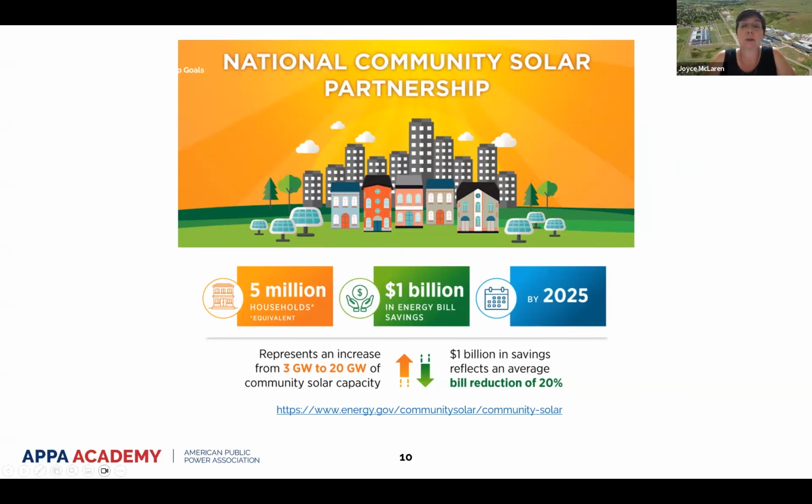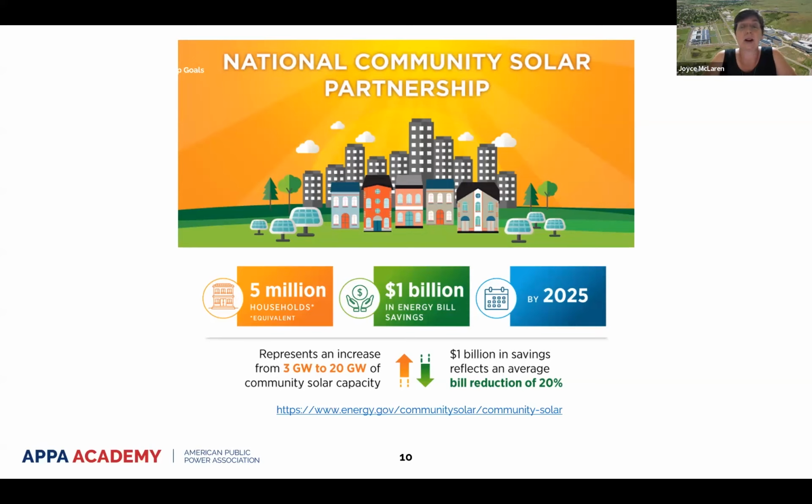This is a Department of Energy sponsored program, and it is implemented by a whole handful of organizations, including the National Renewable Energy Laboratory, where I work, Lawrence Berkeley Lab, APPA, of course, as well as nonprofit organizations and consulting organizations across the country.